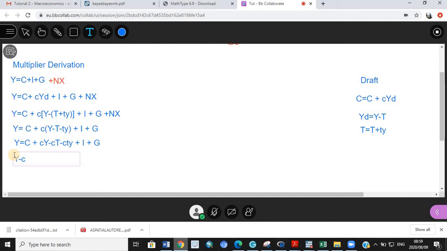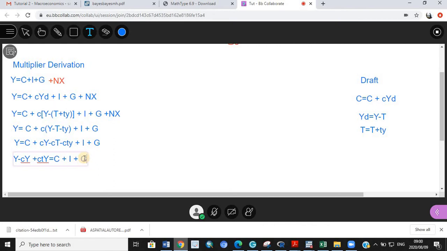When it goes across, it's minus cY, plus cTY, should be equal to C plus I plus G. So this is basically what we call autonomous consumption.